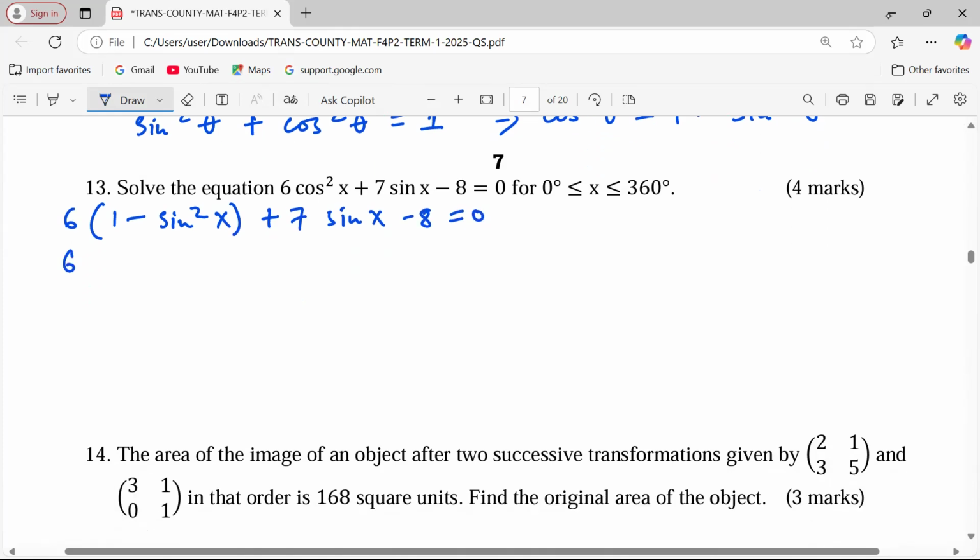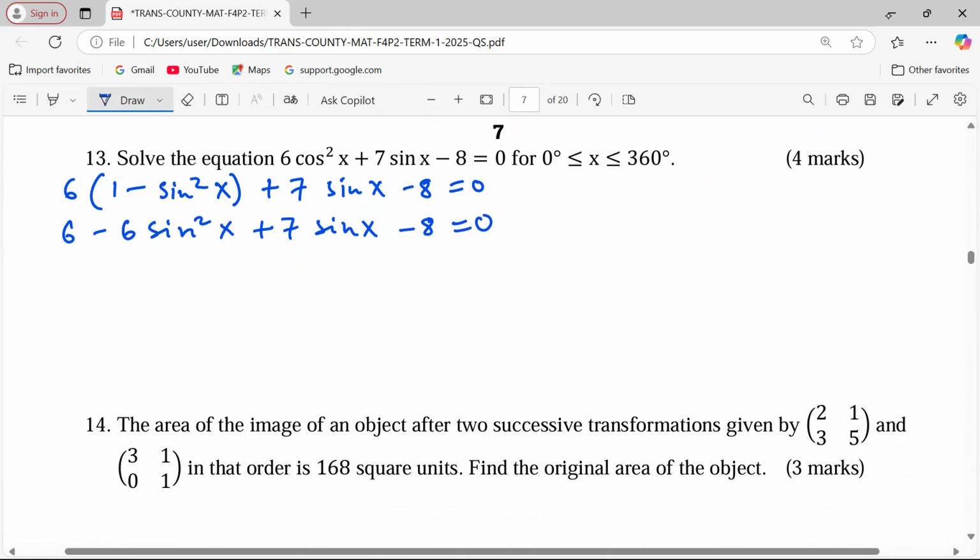So this is 6 minus 6 sine squared of x plus 7 sine of x minus 8 equals 0. At this point, we can group some terms. Let me take negative 6 sine squared x to the right, where it will be positive 6 sine squared of x.